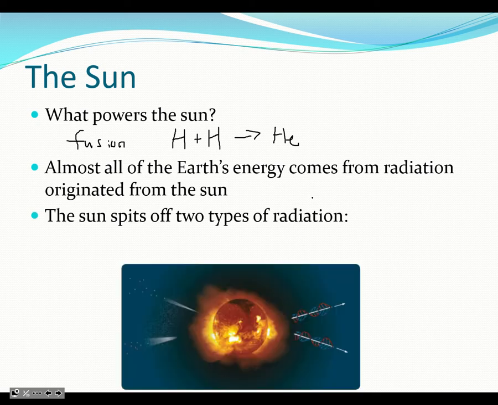So almost all of the Earth's energy comes from radiation originated in the sun, and the sun spits off two different types of radiation. So it spits off these particles, and those particles include protons, neutrons, and these particles called alpha particles.